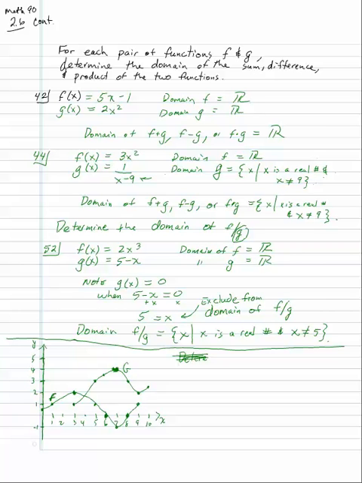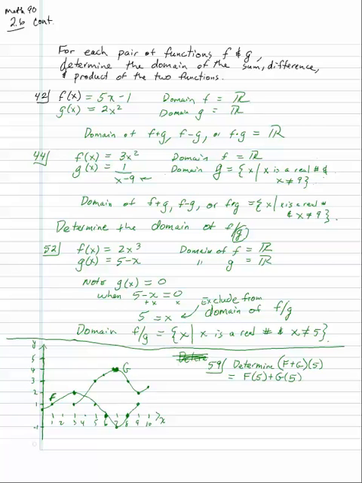Okay, so looking at this graph, we got two functions, f and g. So if we do number 59, it says determine f plus g of 5. Or I can even just say evaluate. So we know that that's going to be equal to applying the definition, f of 5 plus g of 5.